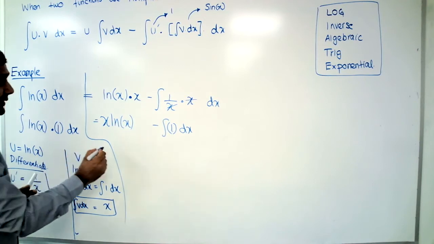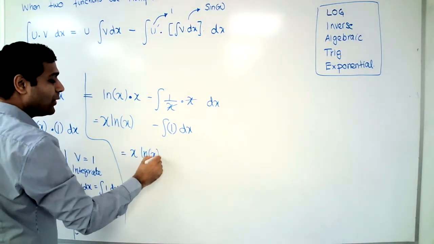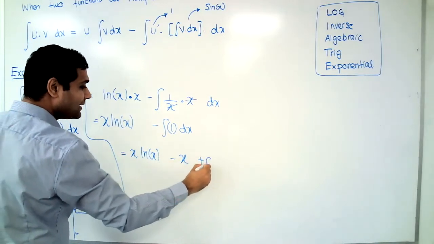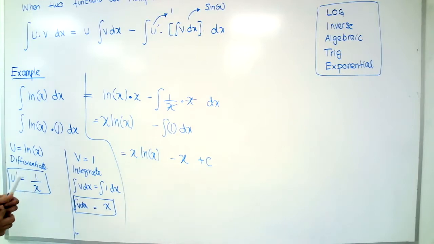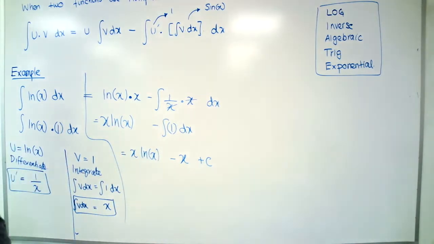No. So I got this bit, x ln x. What's the integration of 1? x plus c. So this thing has converted into this monster. You know, a tiny thing becomes big when we integrate. So that's how we do the integration of ln x on its own.